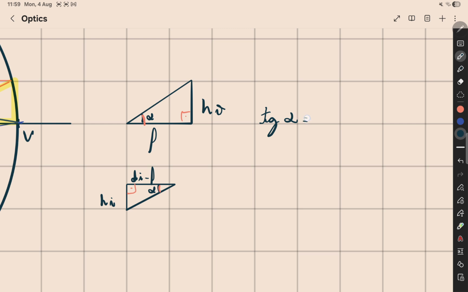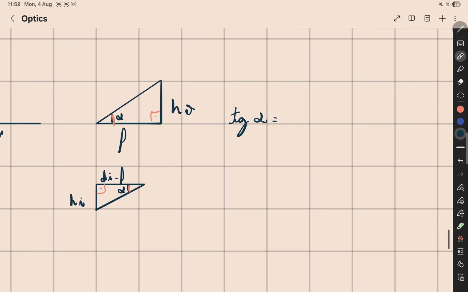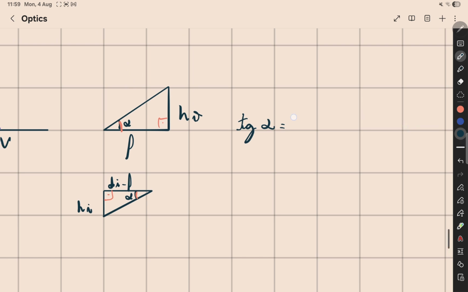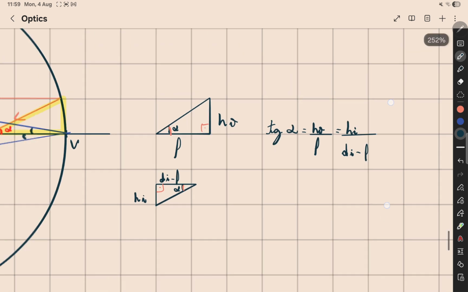So the tangent of alpha, using the first triangle, is the opposite, height of the object, divided by f. It's equal to the height of the image, now using the smaller one, divided by the distance of the image minus the focal length.